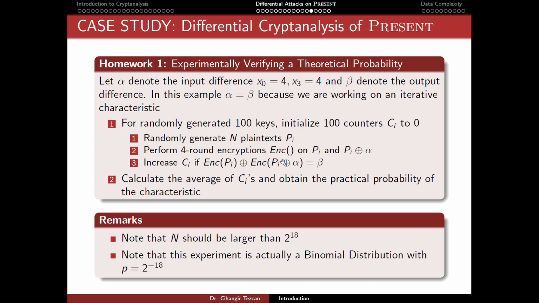We repeat this experiment many times. Since the performance of the code depends on your implementation, if you choose a really large n, it may take a very long time. But since the probability is 2 to the minus 18, n should be larger than 2 to the 18. My suggestion is to run this experiment for something small first, like 2 to the 20, and record how many seconds it takes to perform 2 to the 20 operations, and also check if your code is running correctly.